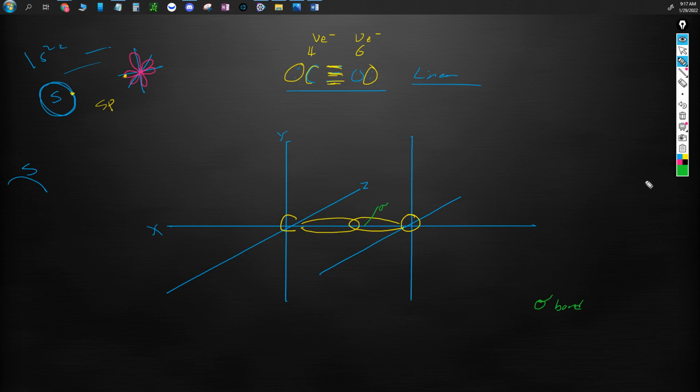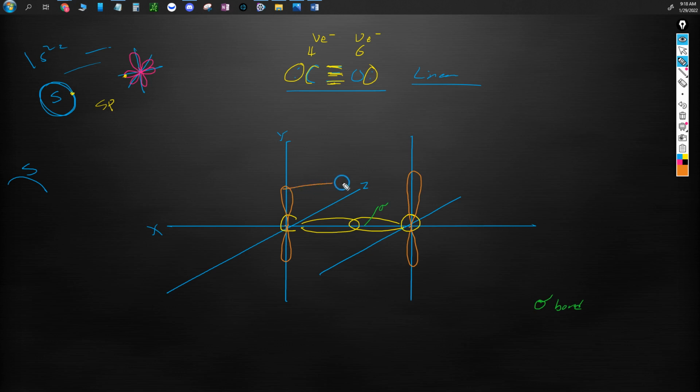So the second bond will come, let me use a different color so you can distinguish that, from this p orbital. Remember the p orbital we were mentioning, right? Carbon also has another loop like that with electrons in it.